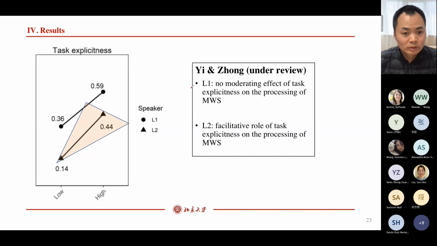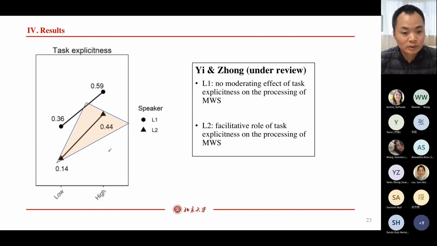In this research, we found that L1 speakers did not show any moderating effect of task explicitness on the processing of multiword sequences. But for L2 speakers, we did find a facilitative role of task explicitness.